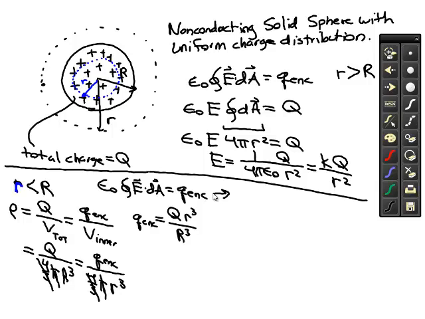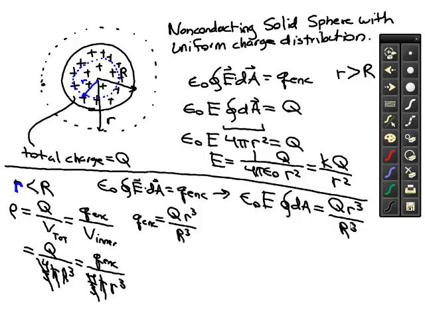And we're going to say, all right, epsilon naught, E on this inner sphere is going to be the same everywhere by symmetry, so I'm going to pull it out, leaving me with the closed integral of dA is equal to big Q little r cubed over big R cubed. The closed integral of the area is just going to be the area of my inner sphere.